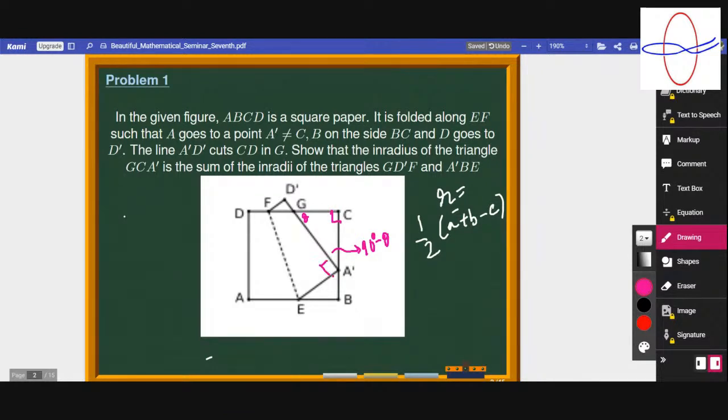This is 90-degree, and therefore this must be theta, and this is 90-degree minus theta. So what we are getting here, guys, is that triangle D'FG is similar to CGA', which is similar to A'BE, right?